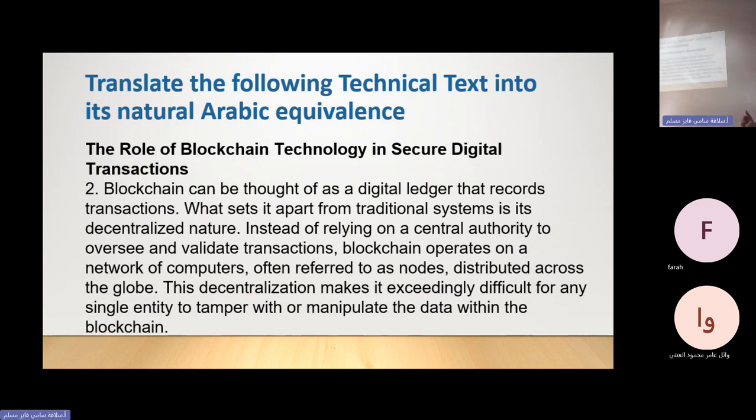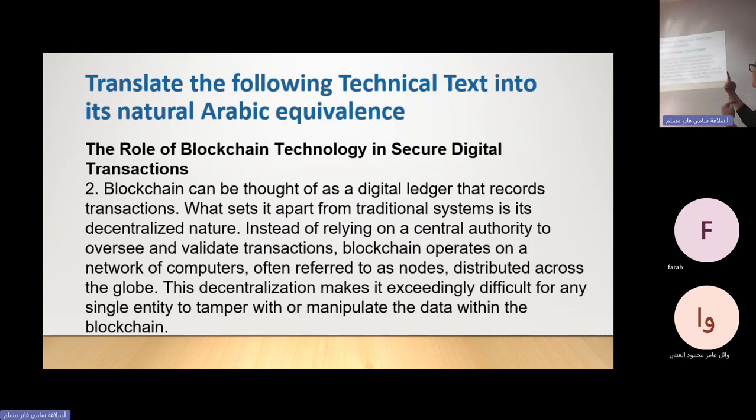It's decentralized nature. شو يعني centralized؟ عكسها decentralized.